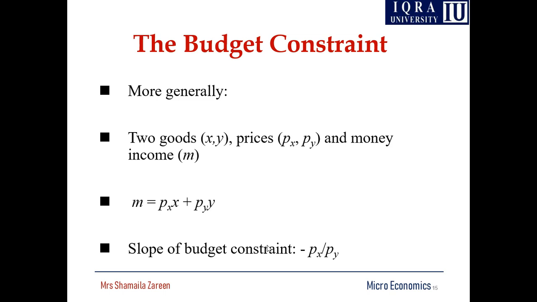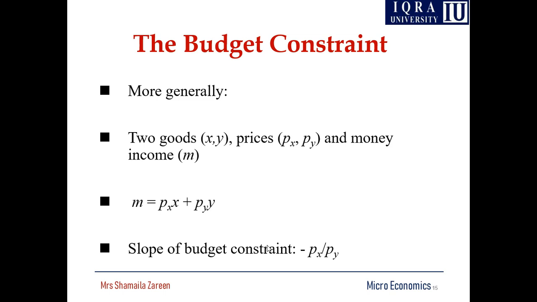Given this notation, the opportunity set may be expressed mathematically as M = Px·X + Py·Y. In words, the budget set defines the combinations of goods X and Y that are affordable for the consumer.